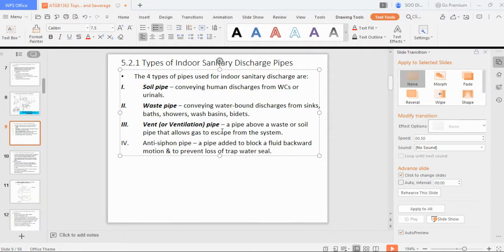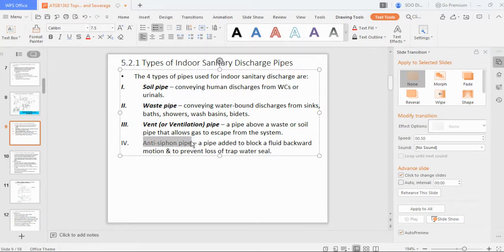So a vent pipe will allow the gas to escape from the system instead of causing a rebound of the water. You don't want your waste to shoot back up instead of flushing down. So a vent pipe helps to allow the gas to escape and not cause a back discharge of the water.